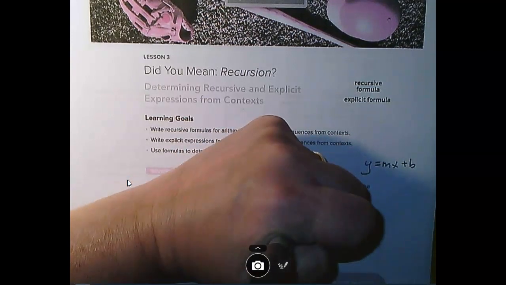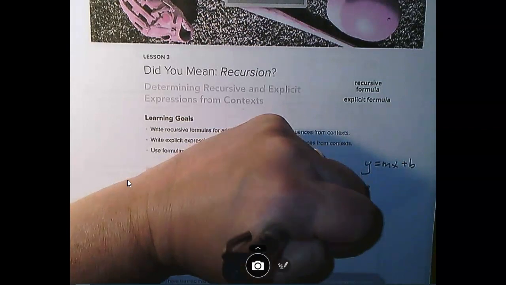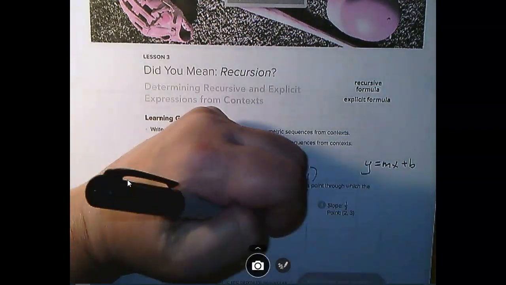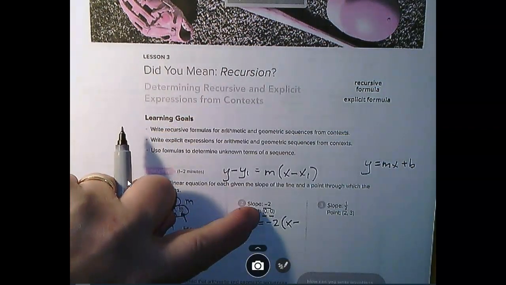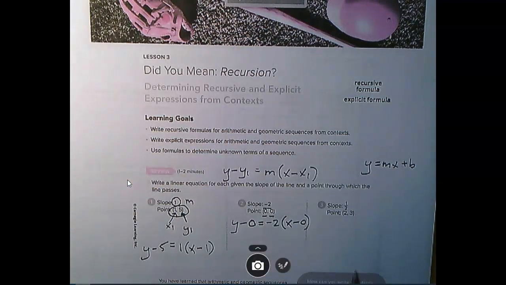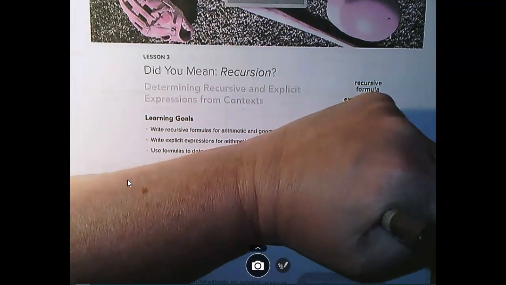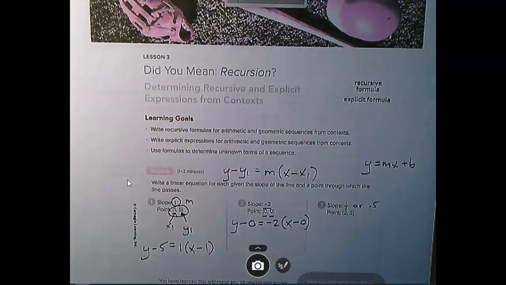Then you're going to do parentheses, and then an x, and then a minus, and then your x number, which is right there. So you do the same thing with this. And you can either write the slope as 1/2 as a fraction, or you can use the slope of 0.5, because those mean the same thing. So you do the third one on your own if you haven't already.